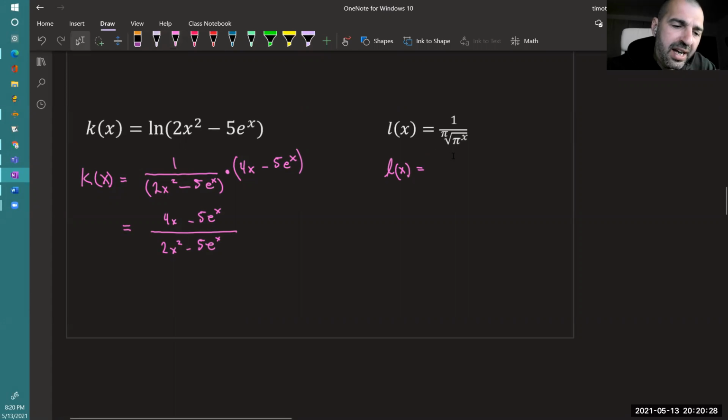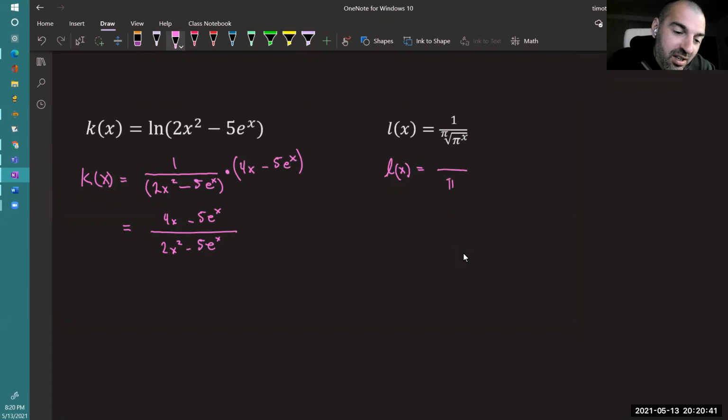We know that pi to the x is, but it's to the pi-th root. Who thought of this? I don't know who did this. So I'm going to rewrite this as pi to the x over pi. I don't know if you can see that, I'll write it a little bigger. 1 over pi to the x.